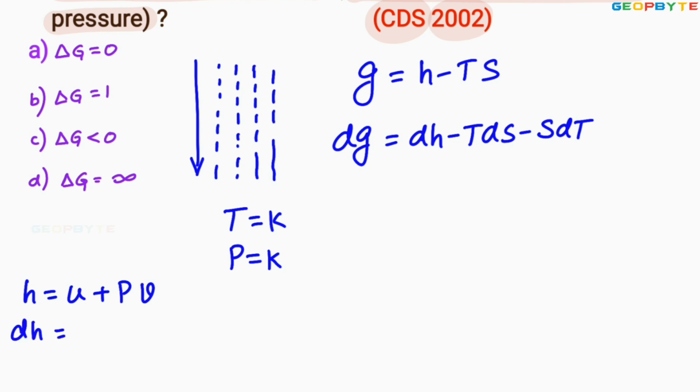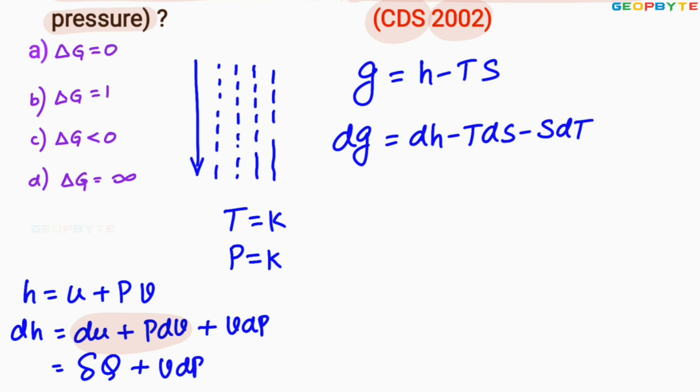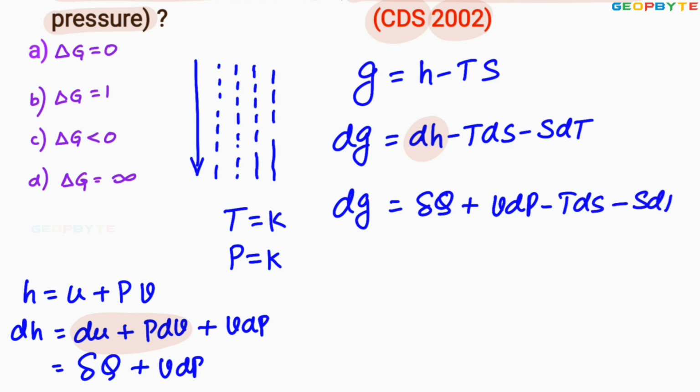Then dH equal to dU plus PdV plus VdP. But dU plus PdV equal to del Q, heat transfer del Q, plus VdP. So in the place of this dH, let me write that value. dG equal to del Q plus VdP minus TdS minus SdT.